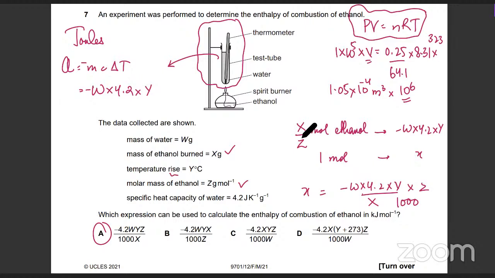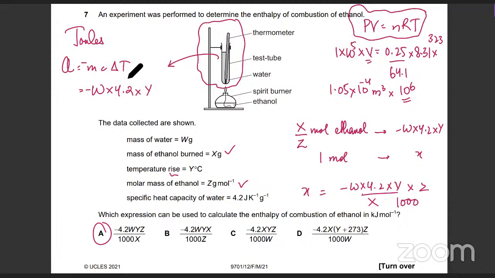Sir, you said that the mass of ethanol doesn't matter. Why? Which part was that in? If heat energy is produced, all the heat energy is going into the water, right? So I was just focusing on the water, on how much heat is absorbed by the water.